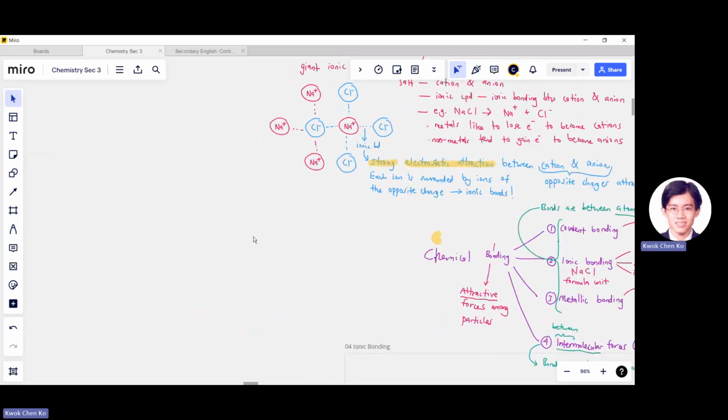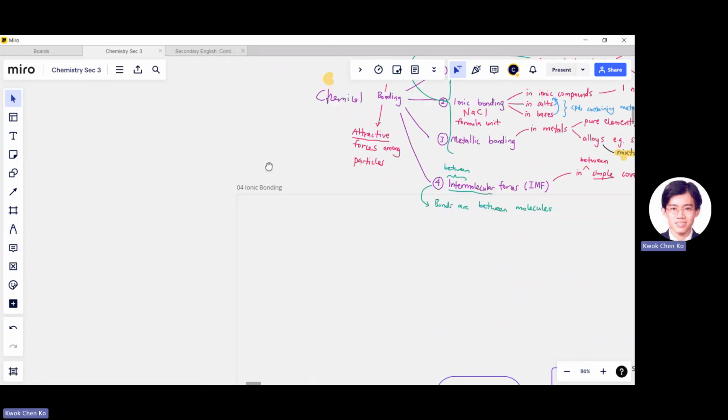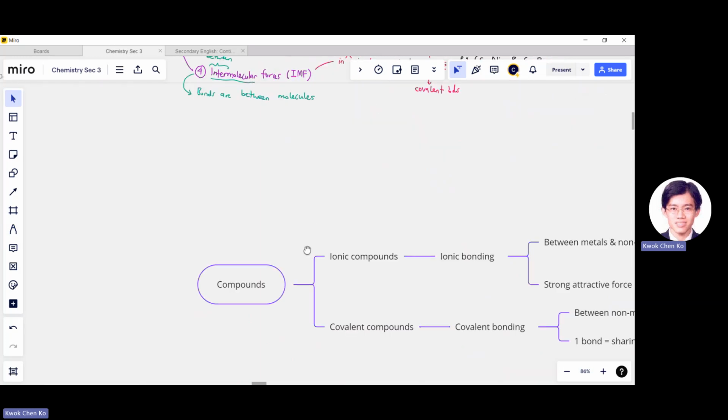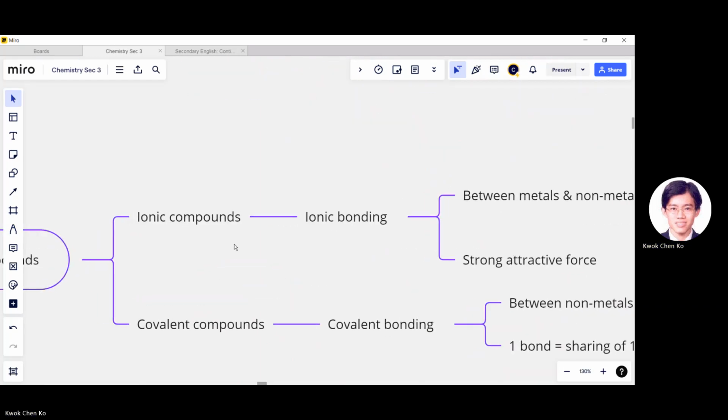So, ionic compounds. There are a few things special about ionic compounds, and they like to ask about this. Ionic compounds tend to have, remember, strong electrostatic attraction.